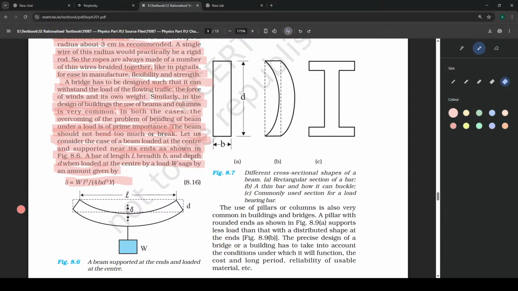So it has a length L, breadth B, and depth D. Now it's loaded at the center by a load W, and it sags, meaning it bends, by an amount given by delta, where delta equals W L cubed by 4 B D cubed Y.